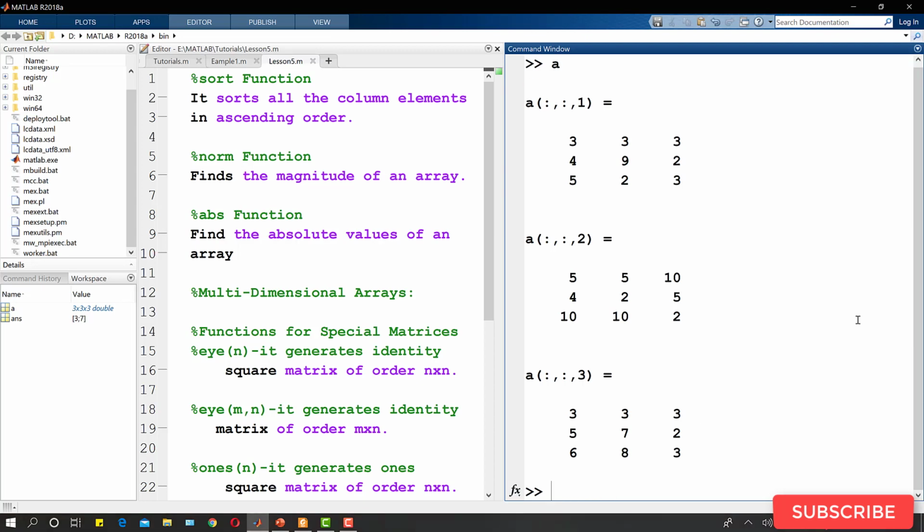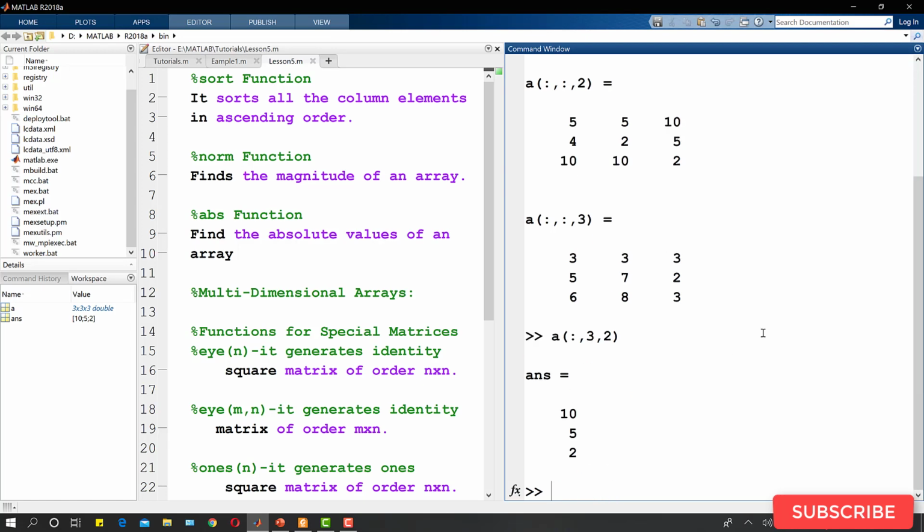Now if I want to extract this 10, 5, and 2, this third column on the second page of the A matrix, I will write A, all rows and third column, and then I will write which page? Second page. So now we have extracted 10, 5, and 2.